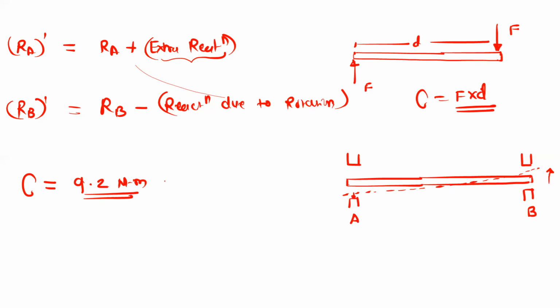So this C we can write, let us take this span total as a D. So C is equal to, so we'll take the force as a reaction R. So this is R, which is an extra reaction.